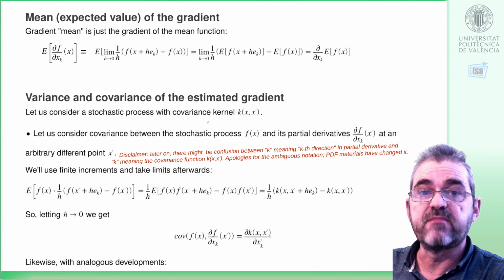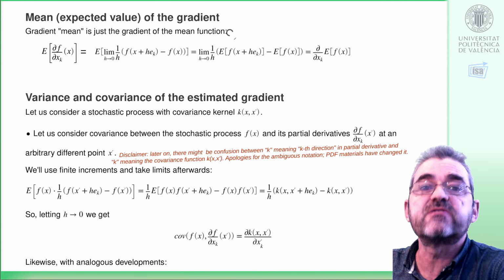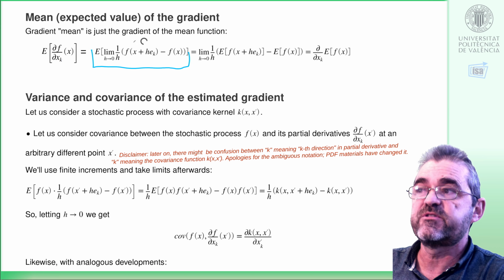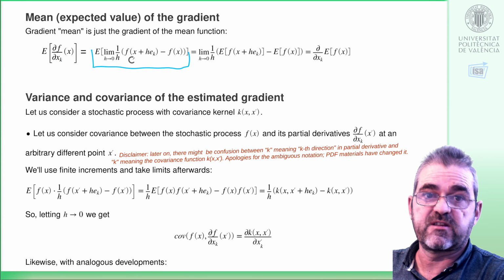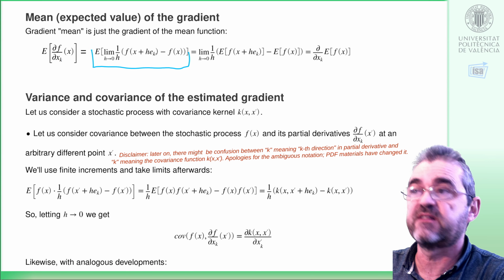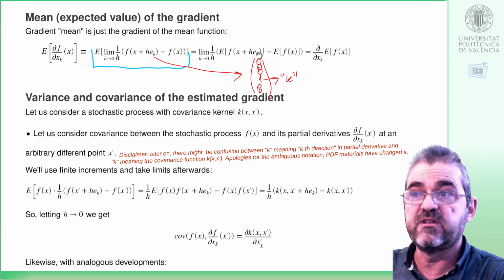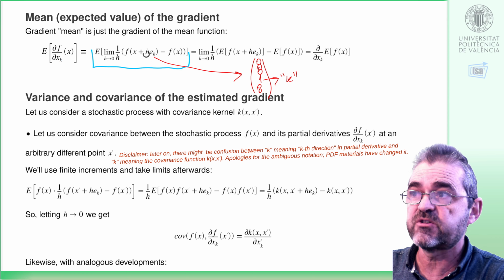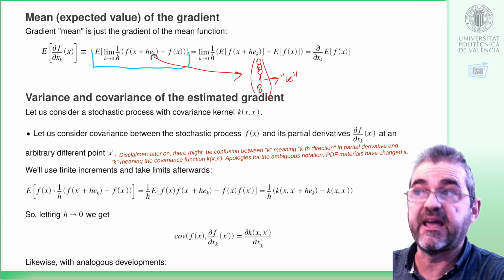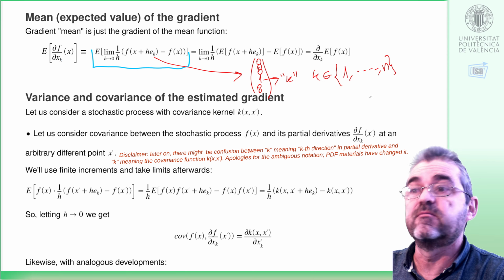We'll start with the mean, which is the expected value of the partial derivatives of my stochastic process. Well, we wish to compute the expectation of this limit, which is of course the partial derivative. Vector e_k will be the unit vector in direction k, so this increment is taken in the direction of the kth coordinate. k may be any index from 1 to n.